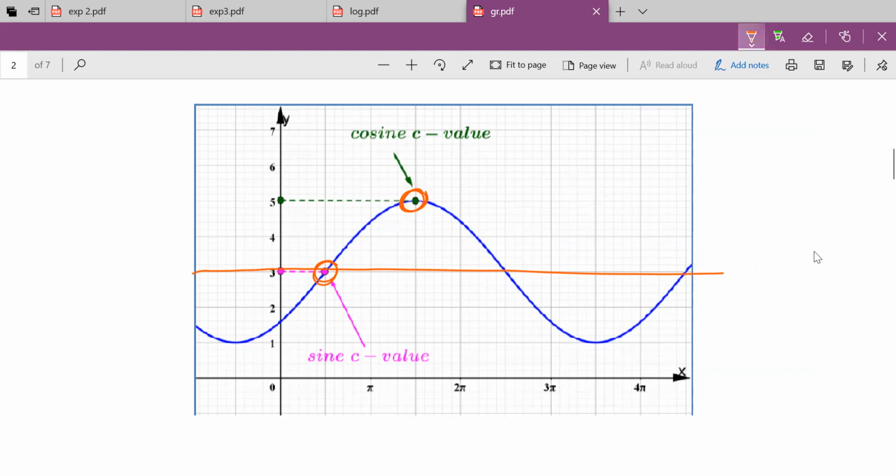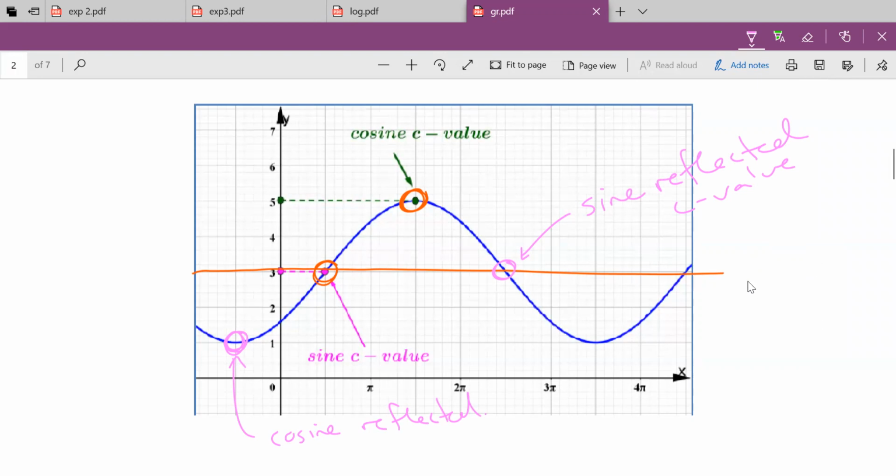Now, if we were talking about reflections, we would say this is a sine reflected starting spot. That would be my C value because it's going to start on the midline going down. And on a cosine graph, if we were reflecting it, I would look here because I'm going to start at a min. That's it.